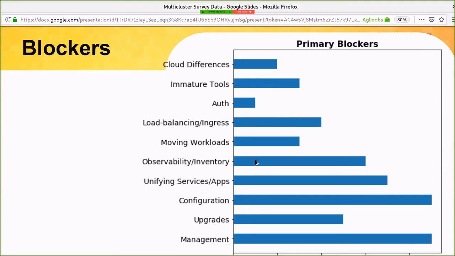And then we had an assortment of other reasons, like that current multi-cluster tools couldn't really erase the differences between different clouds. In other words, they have one cluster on Amazon and another cluster on DigitalOcean, and they can't deploy applications to both of them, that sort of thing.